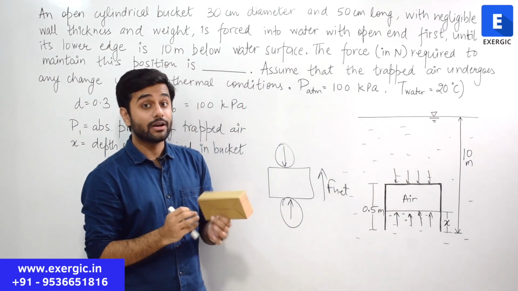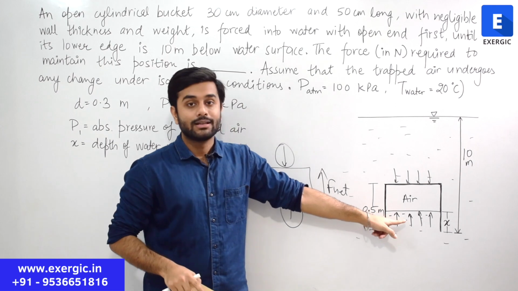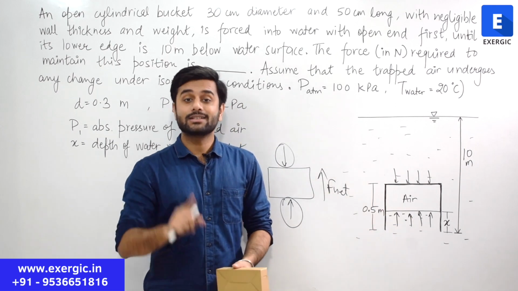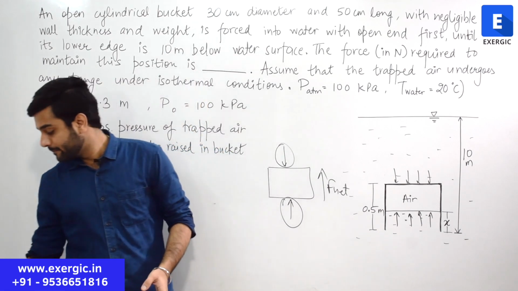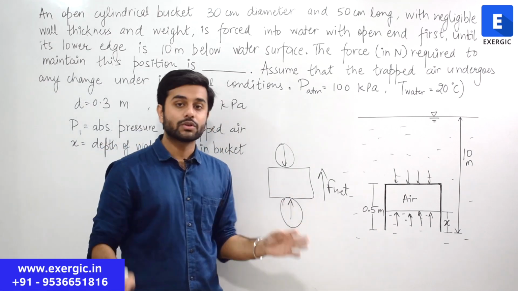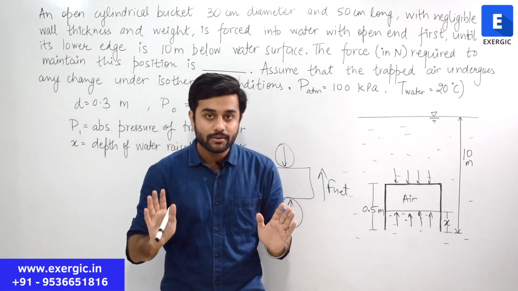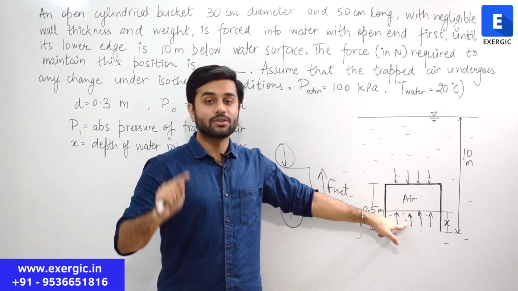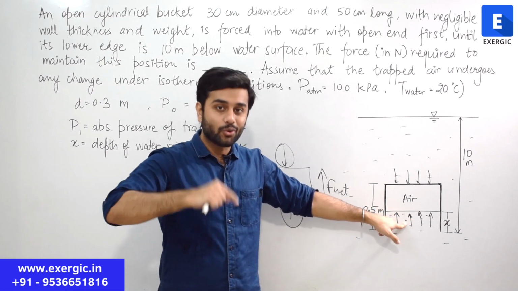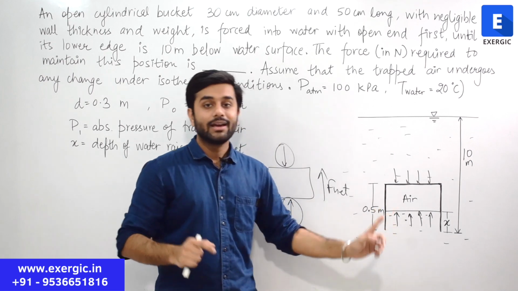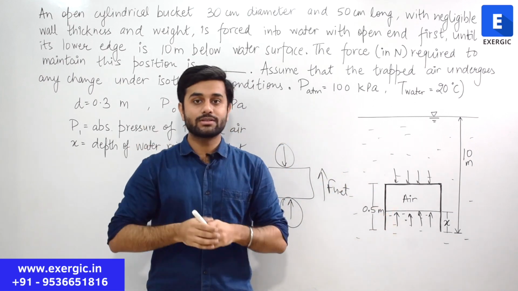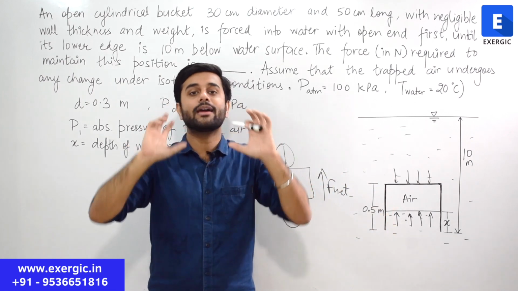It will be wrong. Why? Because this upward force which is acting here does not have the same effect as this upward force. This upward force was only trying to move it up, but this upward force also has a role in compressing the air. Some part of this force is also used to compress the air.